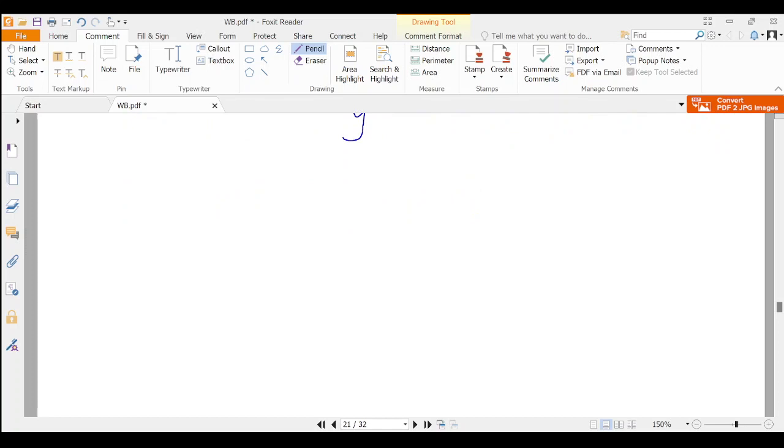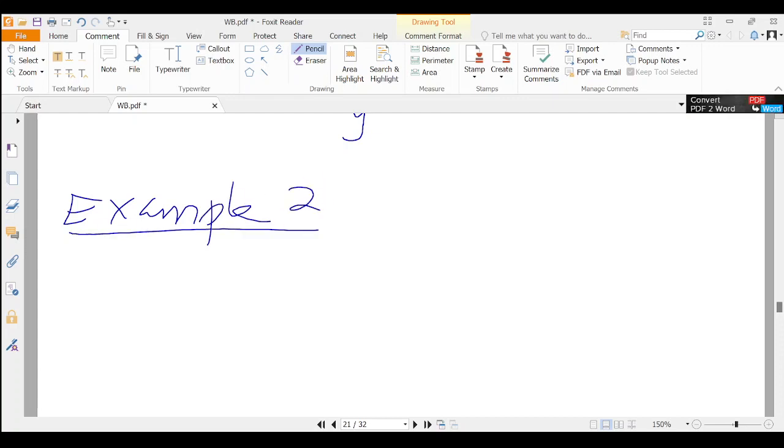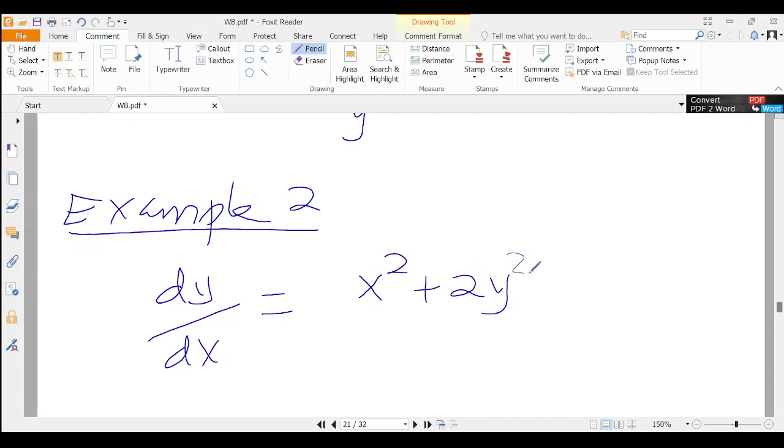Maybe I can do an example 2. Example 2, you're given a differential equation, dy by dx is equal to x squared plus 2y squared divided by xy.